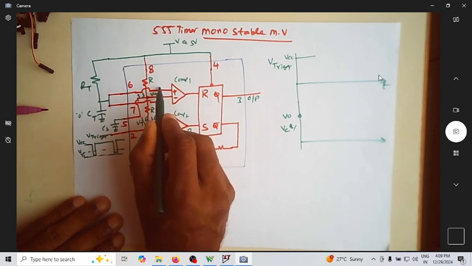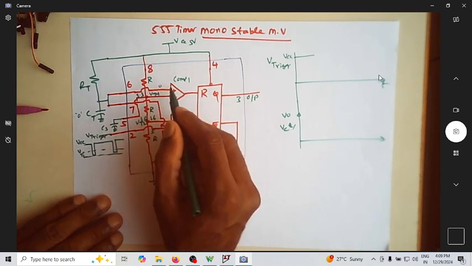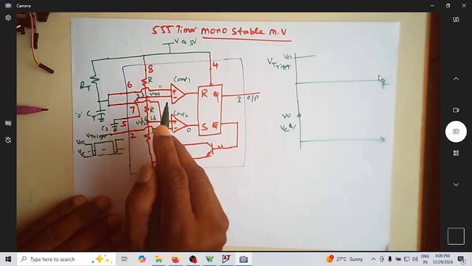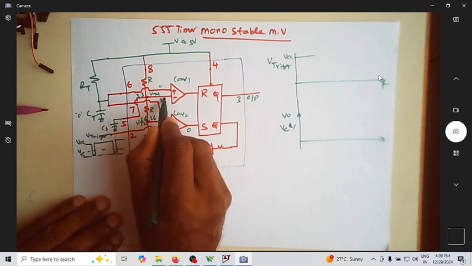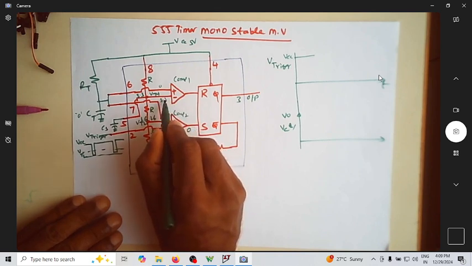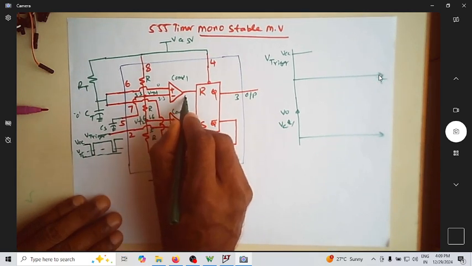So once it is 0, what do you have here? This is 3.3 volt. So here, which is more now? This is more than this, so this is also 0.